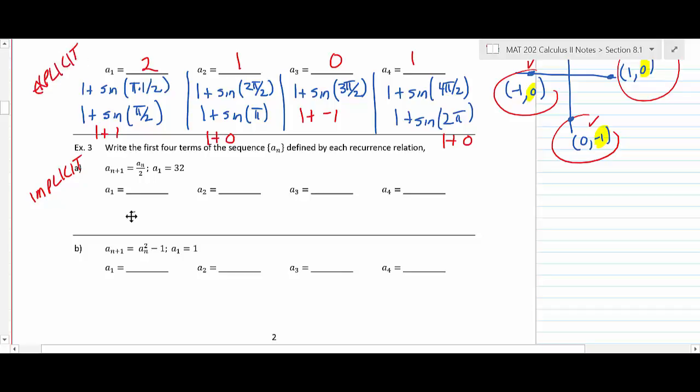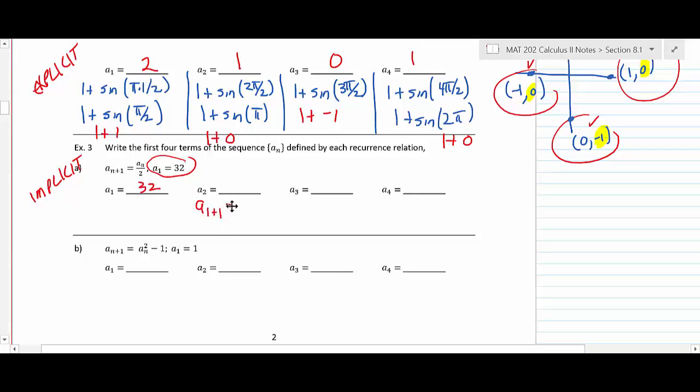An implicit formula tells you how to get the next term in a sequence. So basically A1 is 32. If it's an implicit formula, I have to give you the first term, then the formula tells you how to get the second term. So when you go to the next one, what you're really doing is A of 1 plus 1.